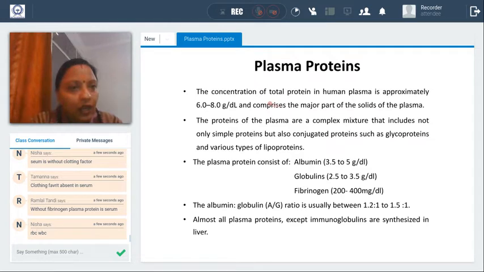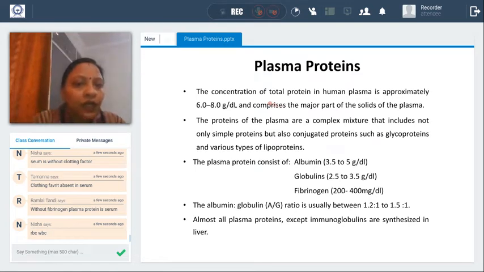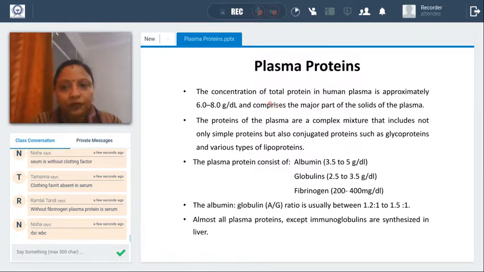The proteins of plasma are a complex mixture that include not only simple proteins but also conjugated proteins such as glycoproteins and various types of lipoproteins. You all know about the conjugated proteins. You have studied them under classification of proteins.